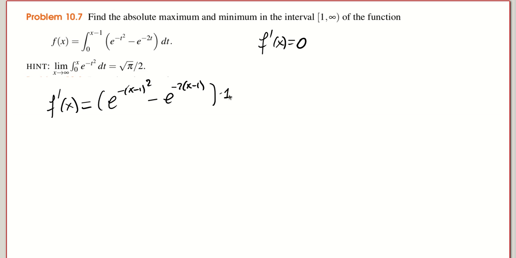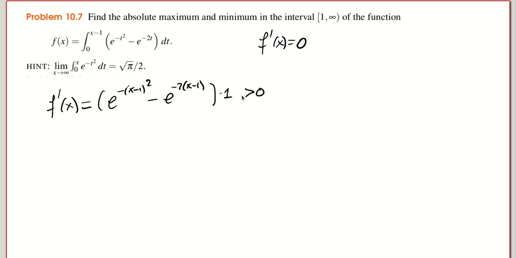Okay, so that is the derivative of the function, and we want this to be 0. As a matter of fact, we want to see where this is positive, negative, or whatever. So we want to see what the sign of this is. So let's try to see when this is positive, for instance, right?